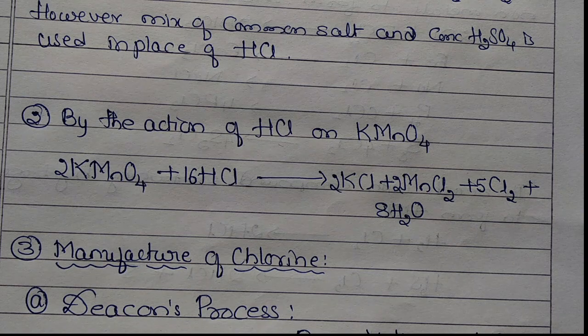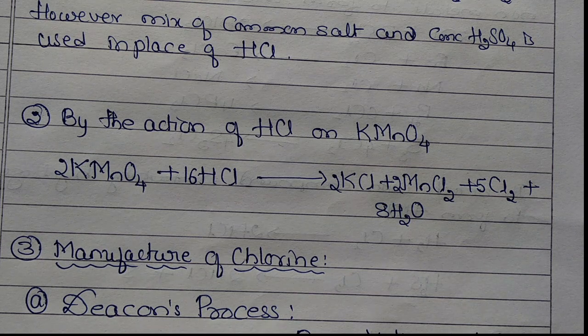Next is a manufacturing process. On a large scale, it can be prepared by the process known as Deacon's process. In Deacon's process, it is the oxidation of HCl gas by atmospheric oxygen in the presence of a copper chloride or cupric chloride catalyst at about 723 Kelvin.